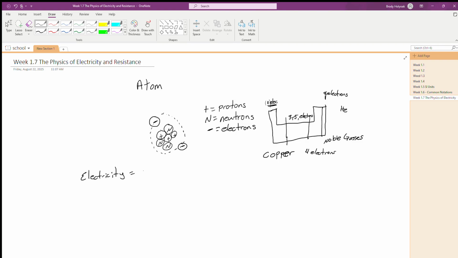Electricity is the movement of electrons, or flow of electrons through a material, that does work for us. So that does work.